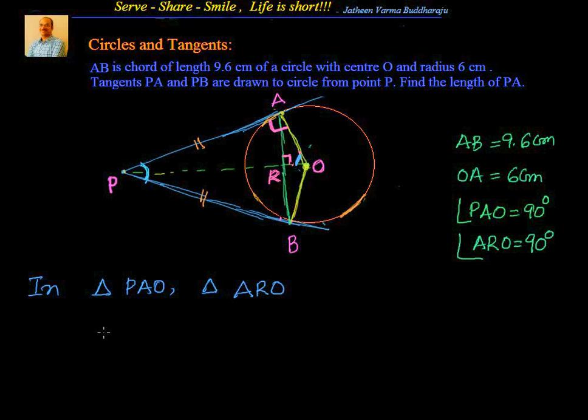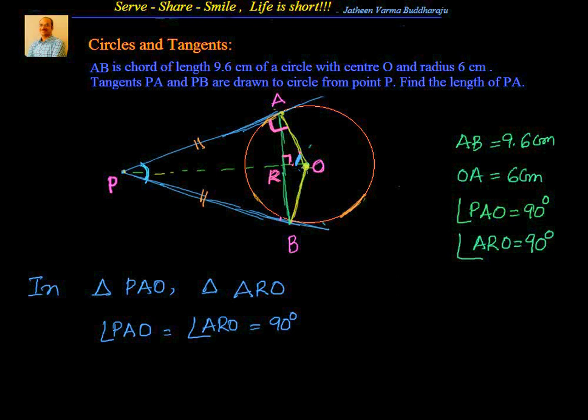In triangle PAO, comma, triangle ARO, we know that angle PAO is equal to angle ARO. That's nothing but 90 degrees. We know one is at the point of contact, the angle is 90 degrees. The other is if you just join the center to the external point, that's nothing but a line drawn perpendicular.